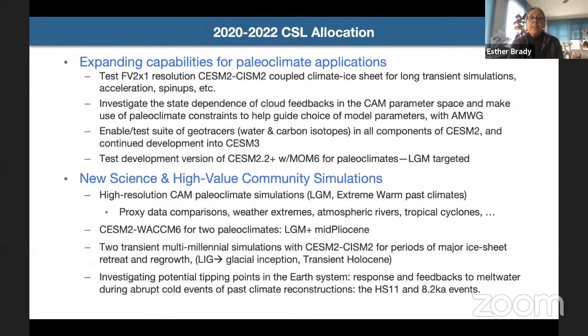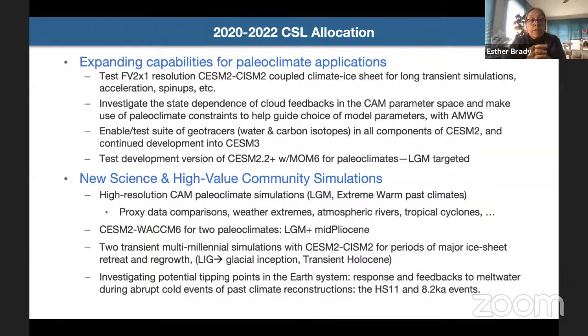Okay, next I'd like to just let you know what we have planned to do for our next CSL allocation that started in November. This kind of falls into 2 categories. The first is plans for expanding capabilities for paleoclimate applications. And then the second is to provide new science and high value community simulations.